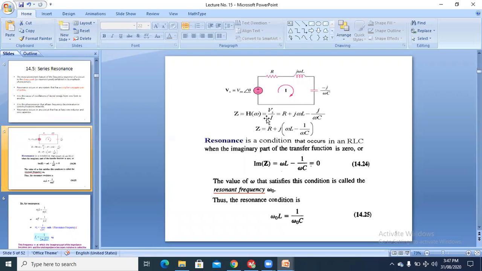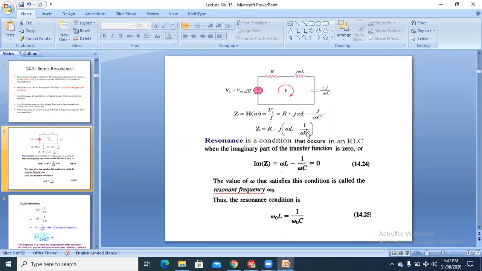So the value of this response is in fact Vs by I, and the corresponding value of the impedance in the circuit is R plus j omega L and 1 by j omega C. So this impedance has two parts. One is the real part and the other is the imaginary part.